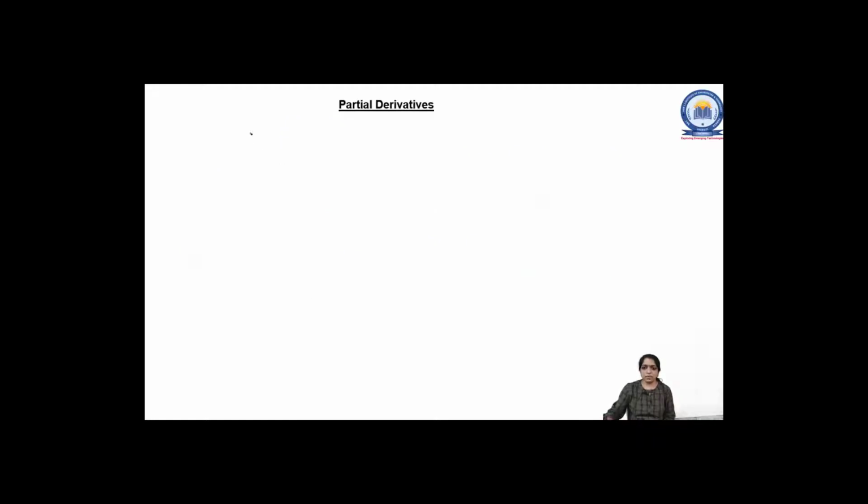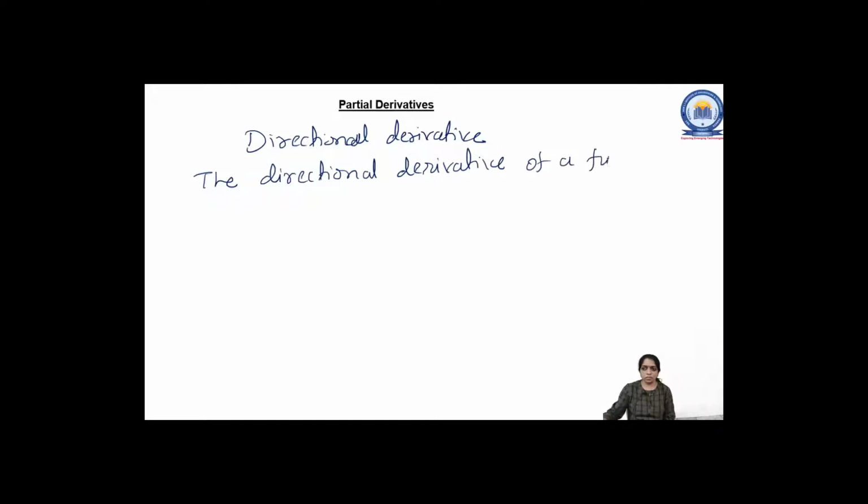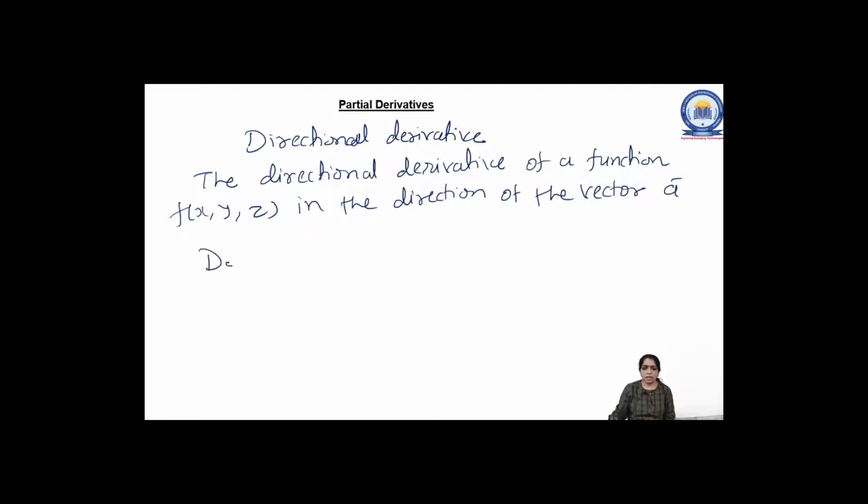Now the directional derivative. The directional derivative of a function f(x, y, z) in the direction of the vector a bar is defined as the gradient of f dot the unit vector a, and the unit vector a is the vector a upon the modulus of vector a.